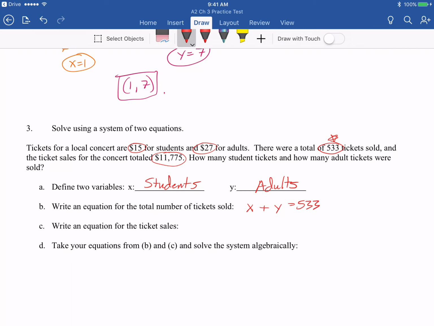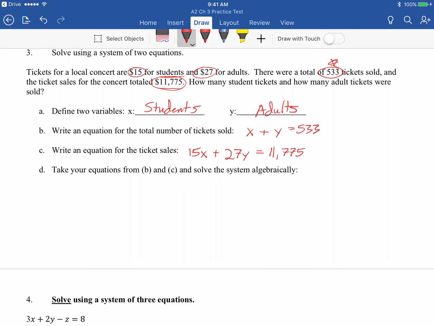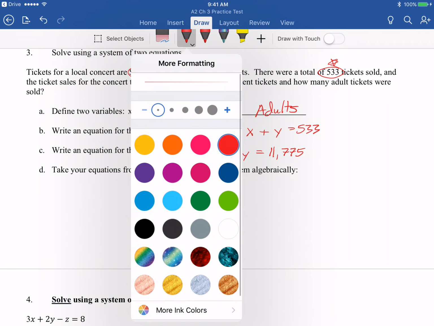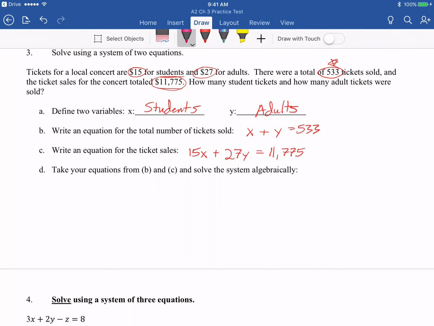Now next, I can put all these dollar signs in one equation. So I'm going to say that 15 goes with my students. So 15 for every student. So 15x plus 27y is equal to, and my total number here for my dollar amount is 11,775. All right, so now I have these two equations, and what I have to do is solve them algebraically.